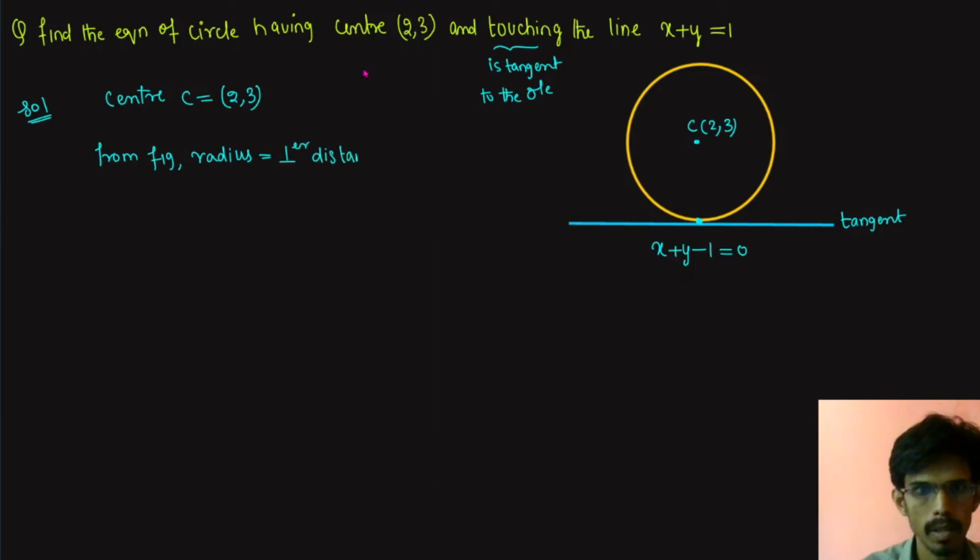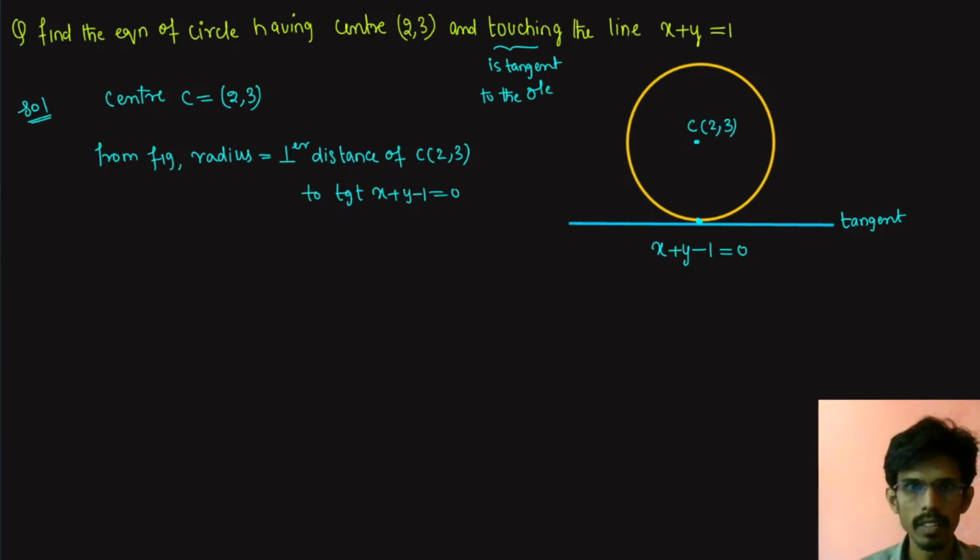Radius is nothing but the perpendicular distance of center C, 2 comma 3, to the tangent x plus y minus 1 equal to 0.